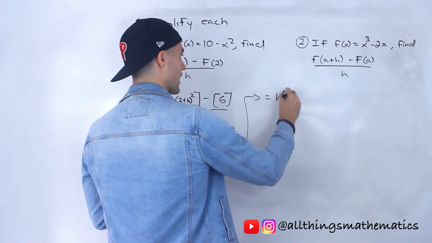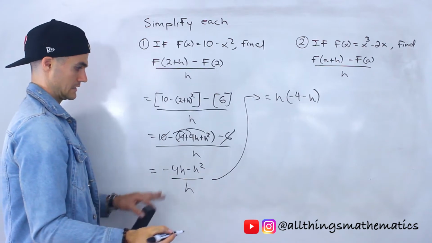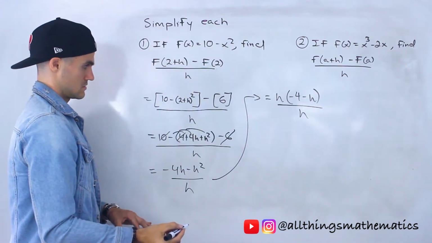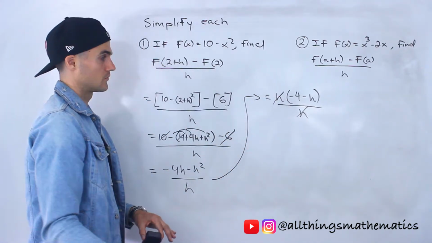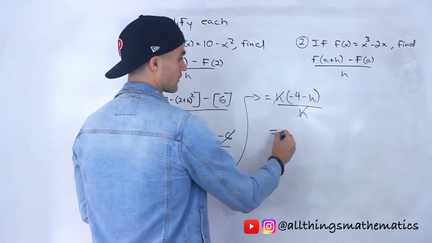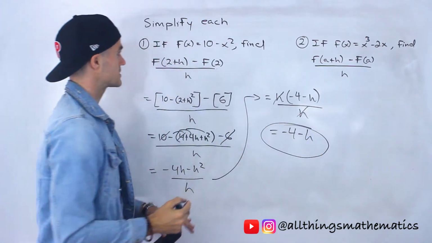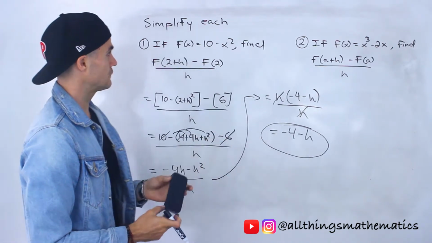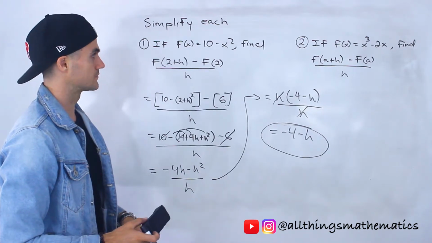So we'll have h, and then we'll have negative 4 minus h. Like that. This is still going to be all over h. Notice the h's cancel out, and so we'd be left with negative 4 minus h. And that's what this simplifies to if f of x equals 10 minus x squared.